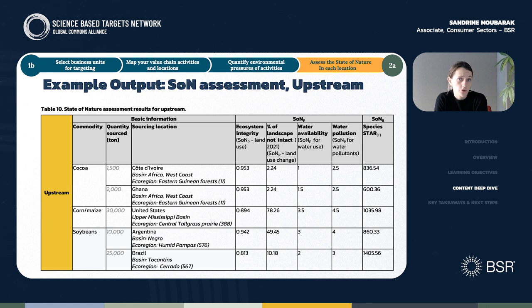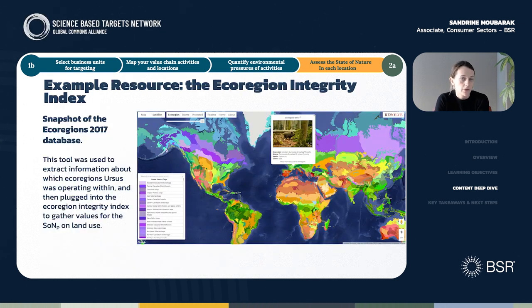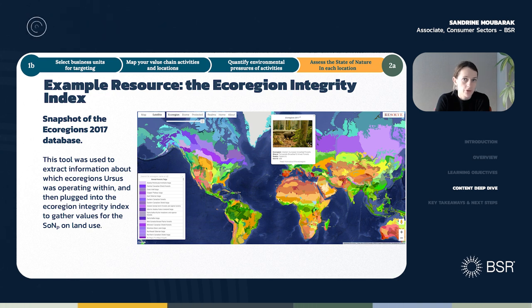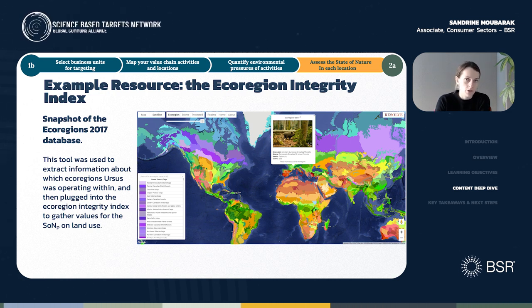As an example of what a supporting tool would look like, here's the Ecoregion Integrity Index that the company used to gather values for the SONP linked to land use, conducting a rapid review of likely sourcing regions for upstream activities within each of the countries where they knew their goods were derived from, and using these to select appropriate locations within the index.